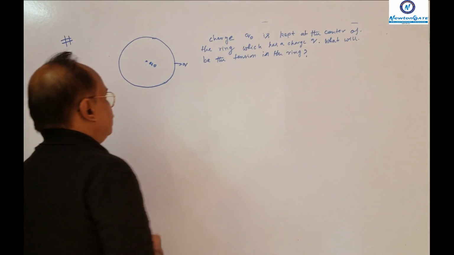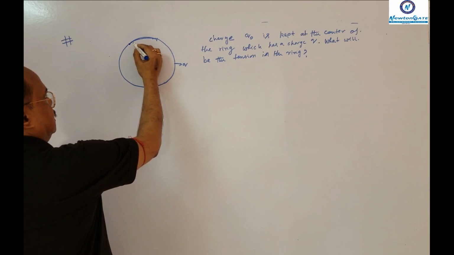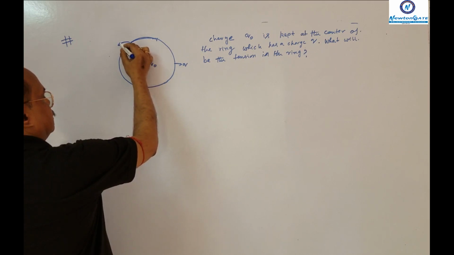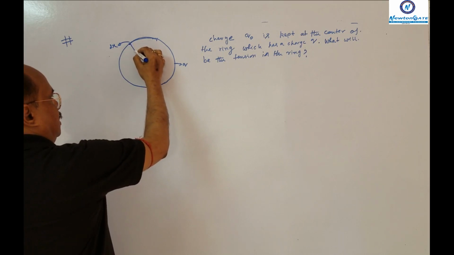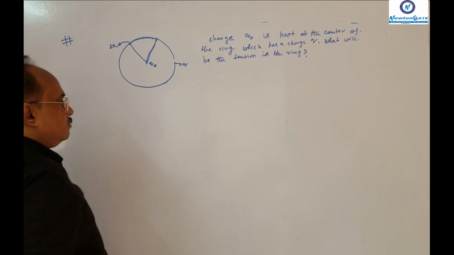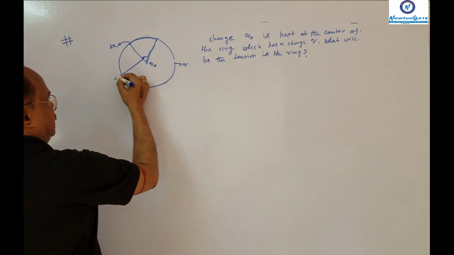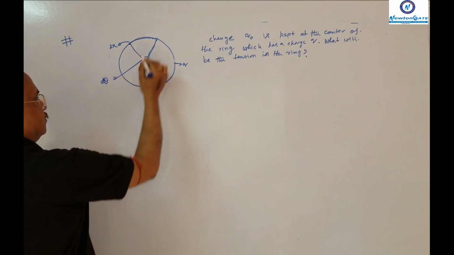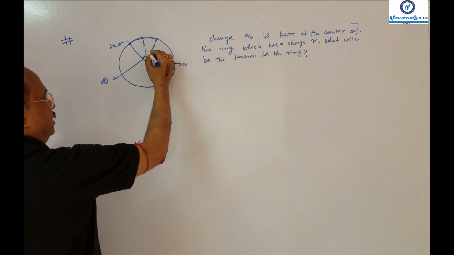Now for that, we will take a small element over here as dx. This is our small element, and the angle subtended by it is d theta, and let us drop a perpendicular over here.